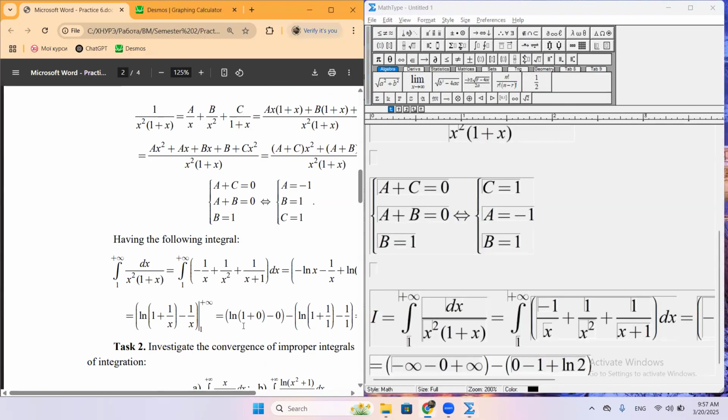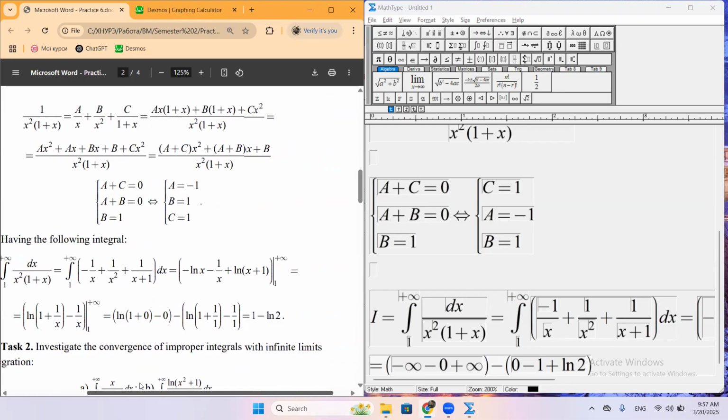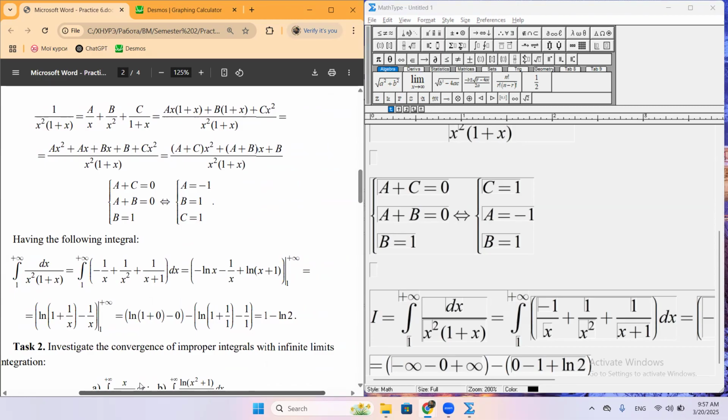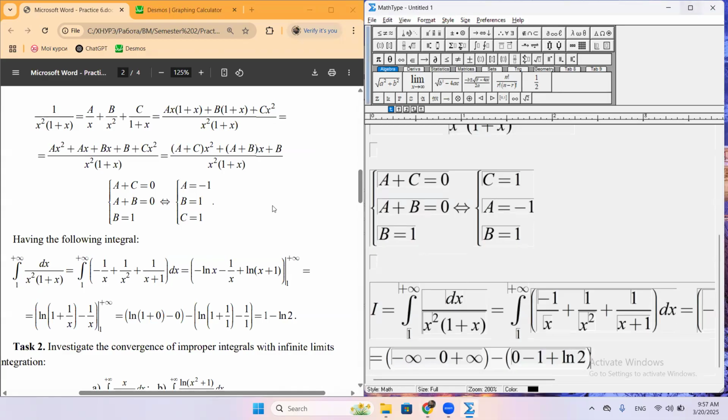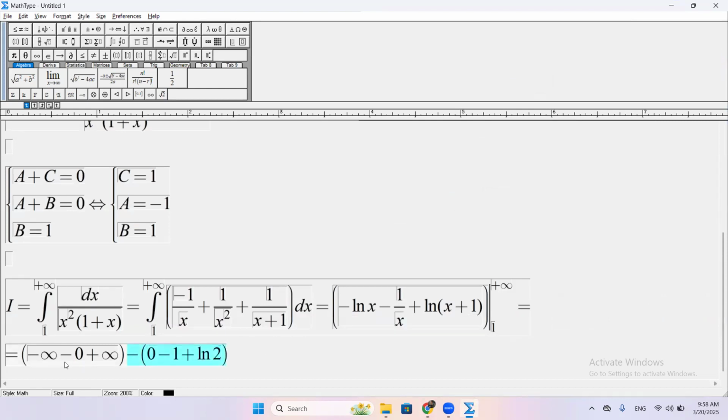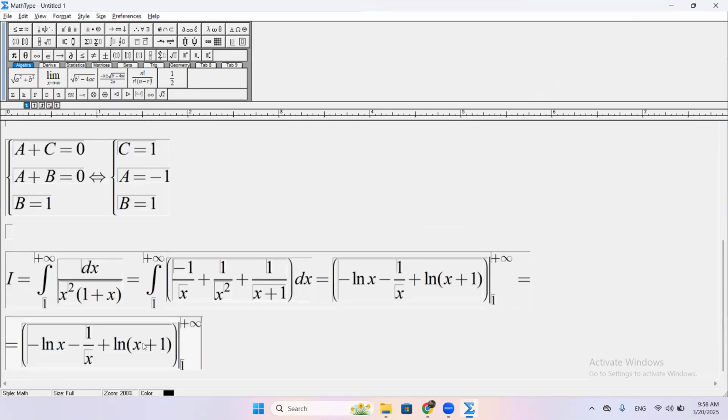Stop. Yeah, I see. Actually, this integral converges, and I just need to simplify it a little bit: logarithm of x plus 1 over x, using the properties of a logarithm.